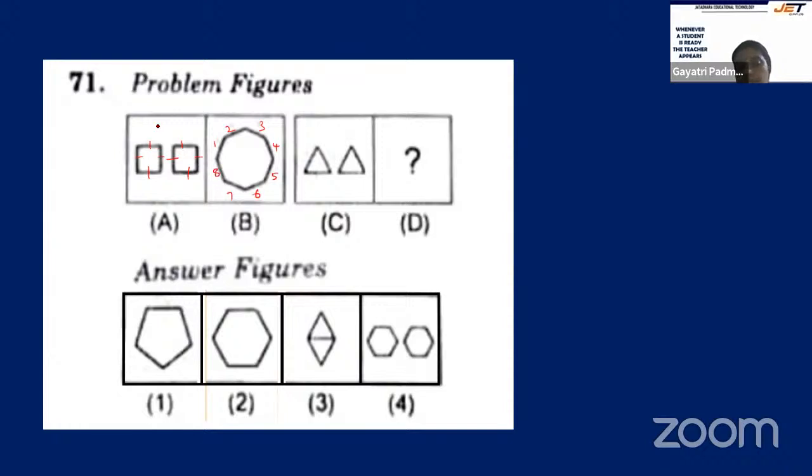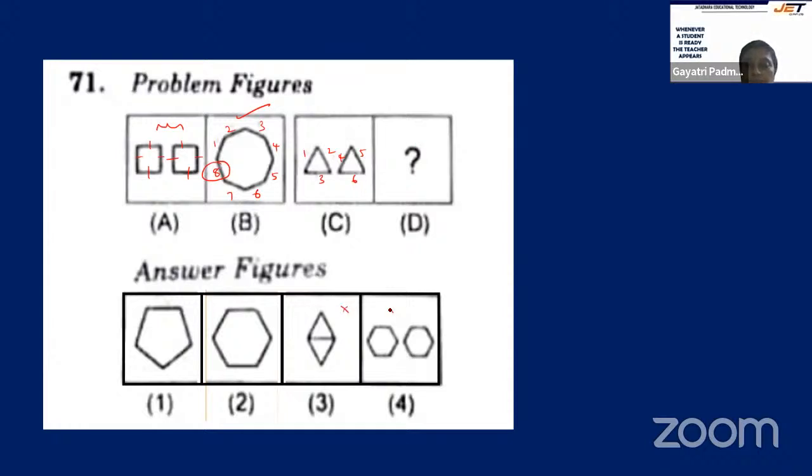So these two figures are being represented as 1, the total sides being 8. In the third one, you have 1, 2, 3, 4, 5, 6. So here you should have one such figure which has 6 sides.